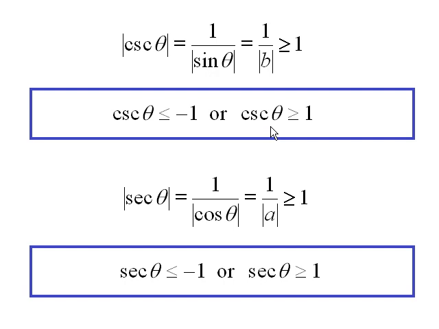So the range of the cosecant function and the range of the secant function are values guaranteed to lie outside that interval from -1 to 1. Equals, okay, the reciprocal of a value where sine is 1 is a value where cosecant would be 1. The reciprocal of a value where cosine is -1 would be a value where secant is -1. But you can't get inside the interval for the cosecant or the secant function.